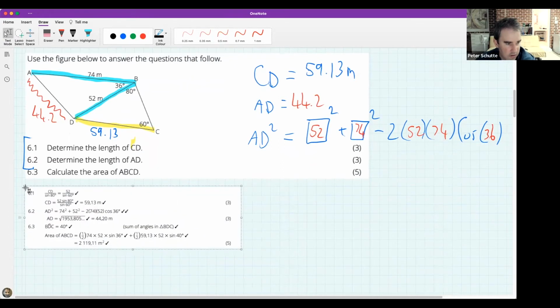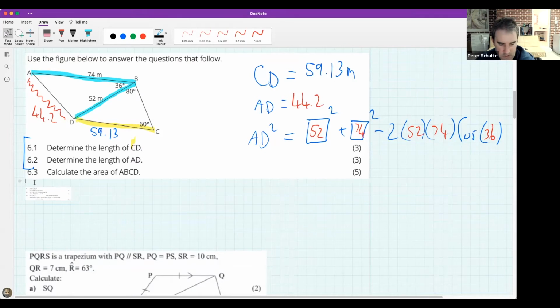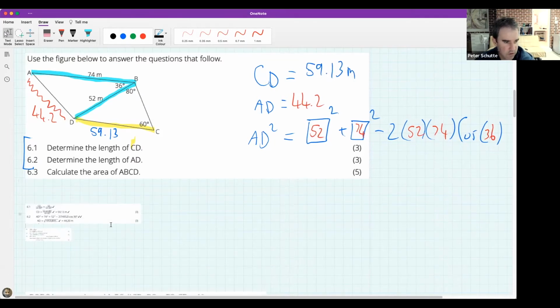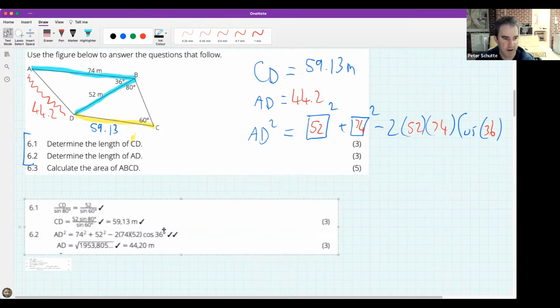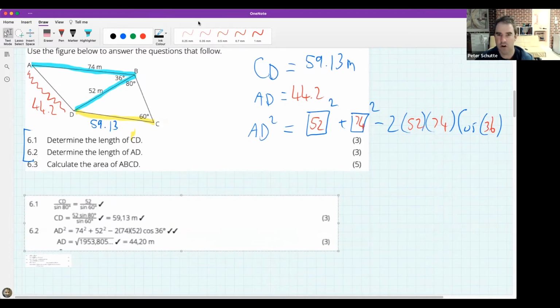Let me actually give you this whole answer here quickly, and then you can look at it. Let me just hide that away. I don't want to give the answer away for the last question. Okay, so let's just check that everyone is on the right track here. That is how we got the answer for 6.1 and 6.2. Now, for this final step, you need to find me the area of ABCD.